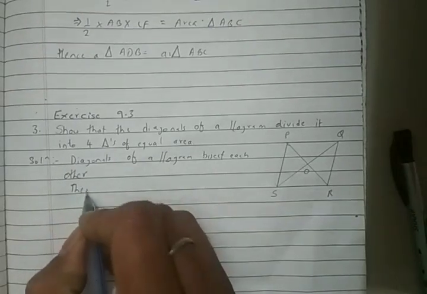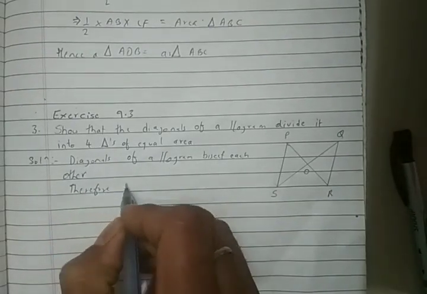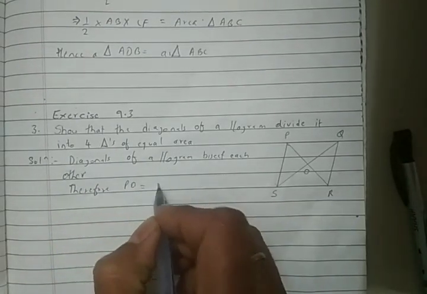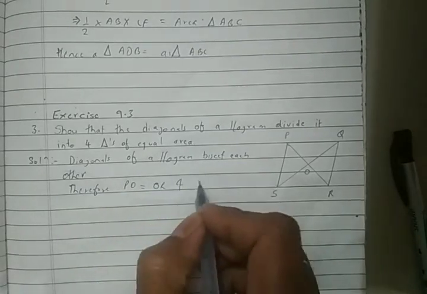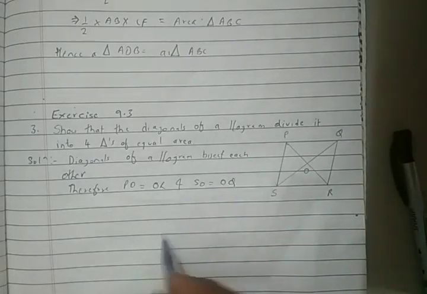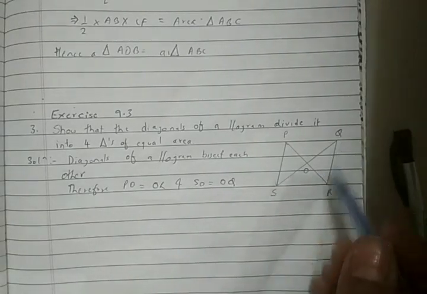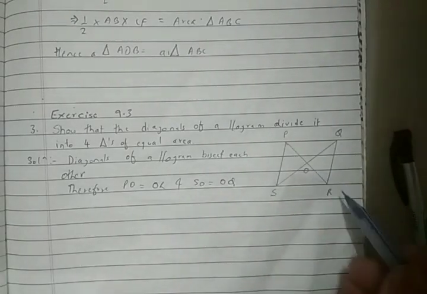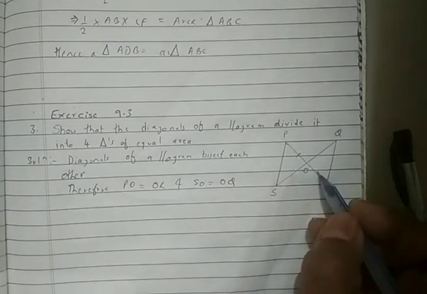Therefore, you can say that PO is equal to OR and SO is equal to OQ, since they bisect each other.